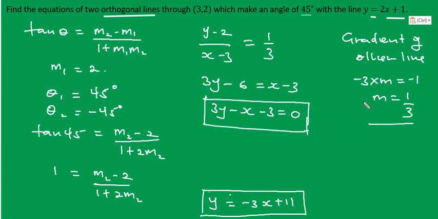How else can I find the gradient of this second line? I just come here. Since for the other line, which had the gradient of negative 3, I used an angle of 45, I can now use tan negative 45. So this gives me negative 1.